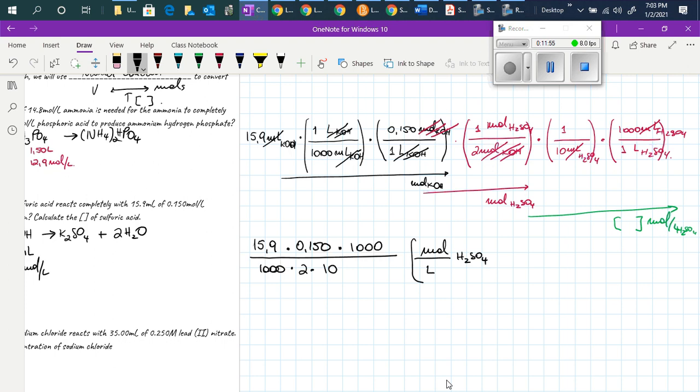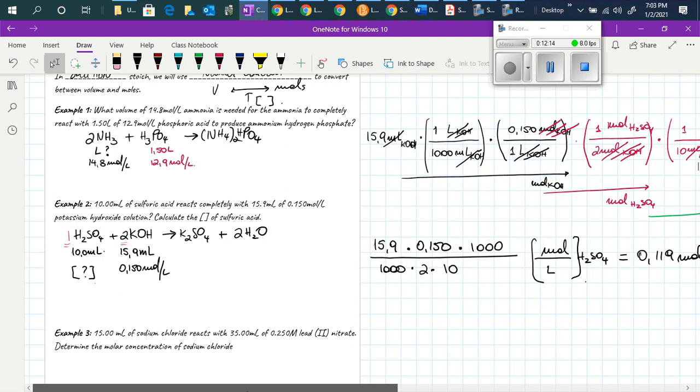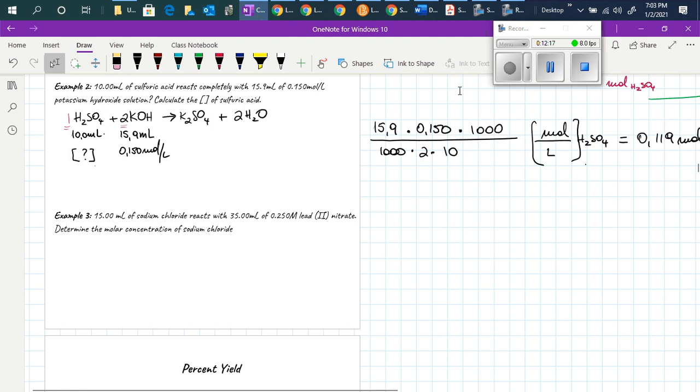Okay, concentration of sulfuric acid. So when you enter this into your calculator, you should have 0.119 moles per liter of sulfuric acid. So this is easier than gases, but still you need to work on things.